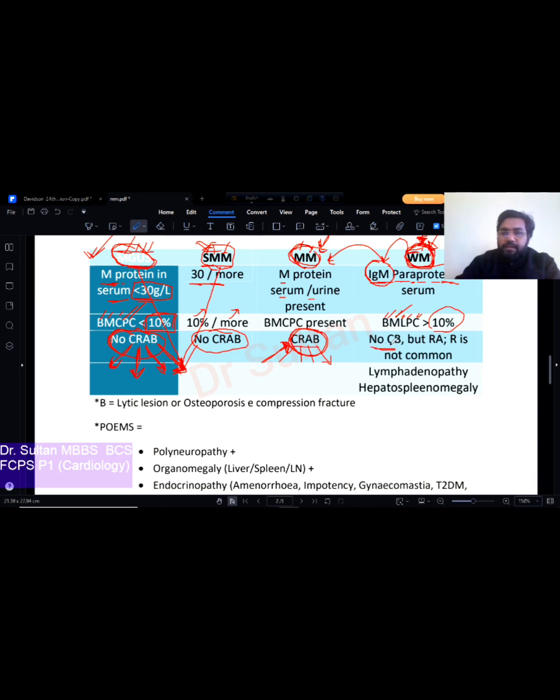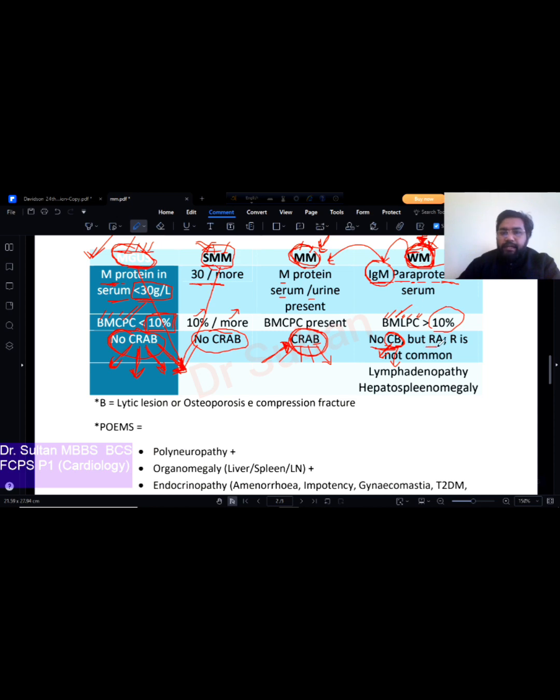C means calcium, so there will be no hypercalcemia, and B means bone lesion, so there will be no bone lesion also. So CB is absent: hypercalcemia and bone lesion are absent in Waldenstrom macroglobulinemia.